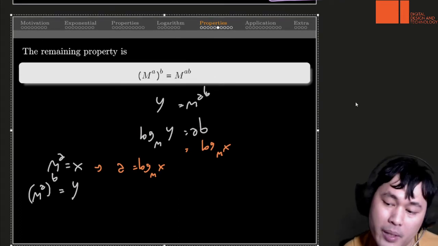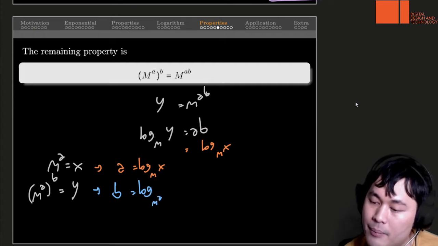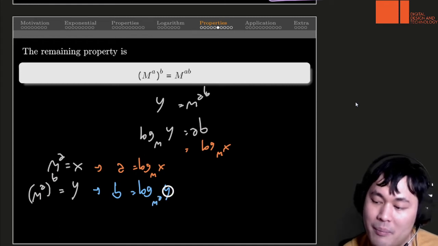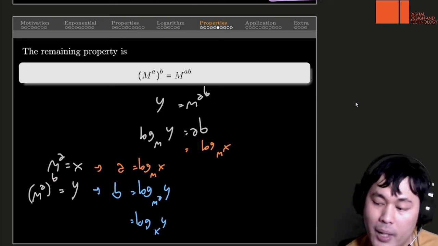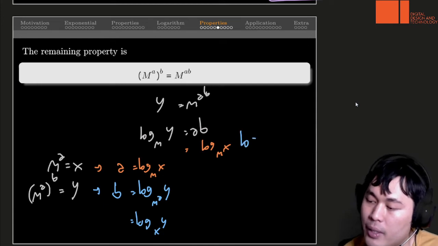If we repeat that here, we can see that b is log base m to the a of y. But m to the a is actually x, so it's log base x of y. So we have b now, and so we can just write b over there.